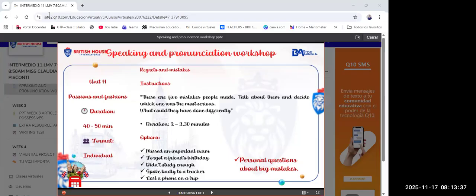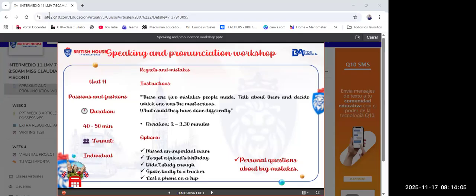Missing an important exam is a serious problem. When you miss an exam, you usually feel stressed and disappointed. I might talk to the teacher first because I will need to explain what happened.